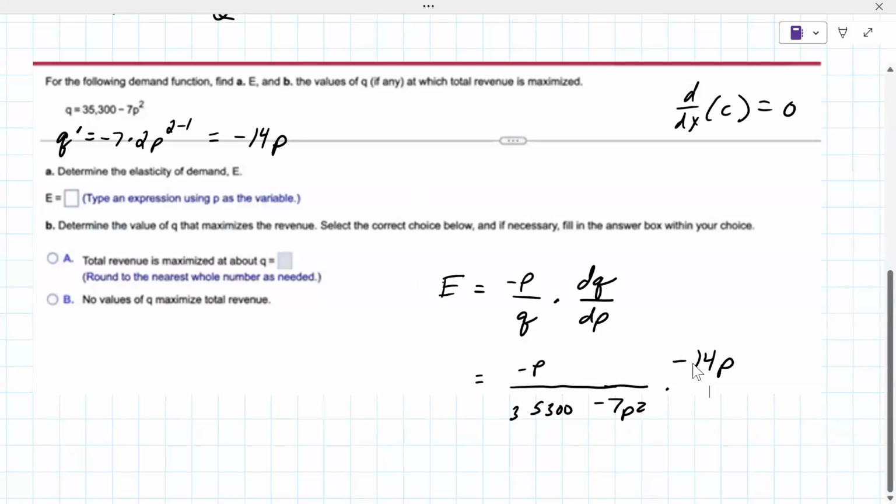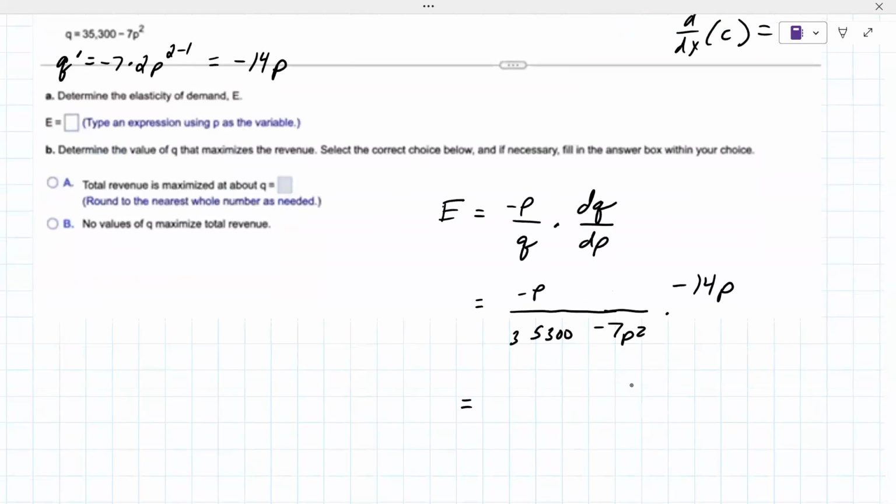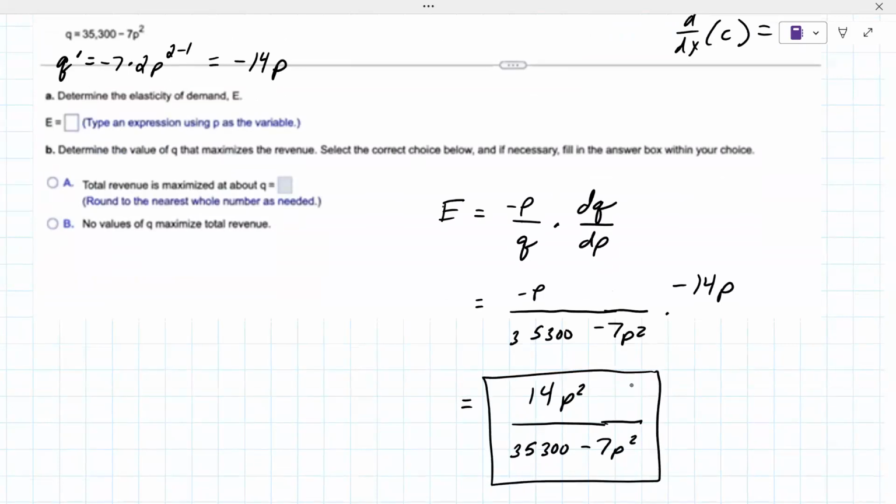If we multiply the minus p times the minus 14, you get 14p squared over 35,300 minus 7p squared, like that. That's the answer to box number 1. Take a look at that and just see if you're okay with where everything came from. I think so. Okay. Yeah.